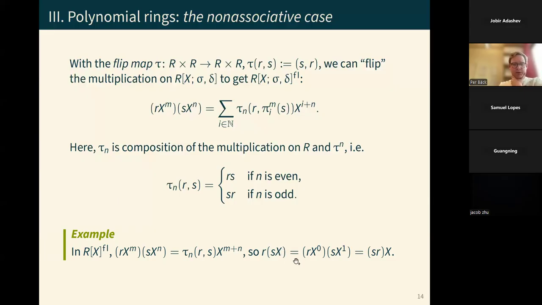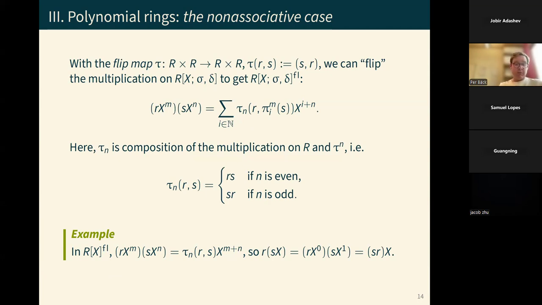It says that x has degree 1, so it has odd degree. So I can move the parentheses, but then I also need to flip the product here. So you see that these two expressions are equal if and only if this ring R is commutative. So these flipped polynomial rings are associative precisely when the base ring is both commutative and associative.